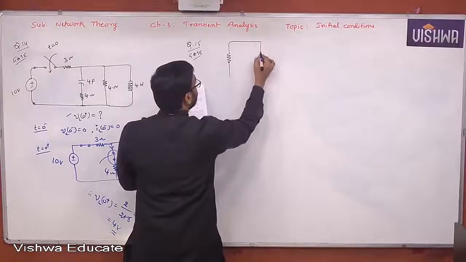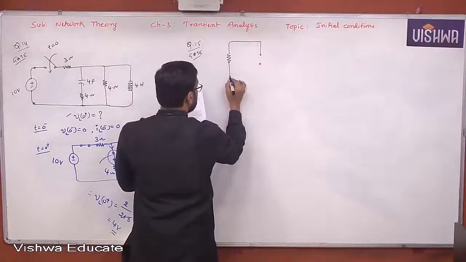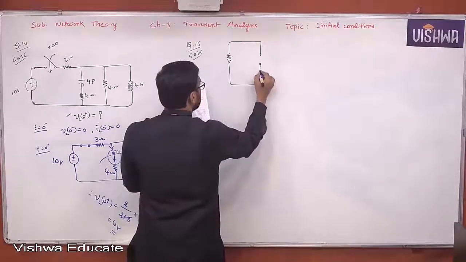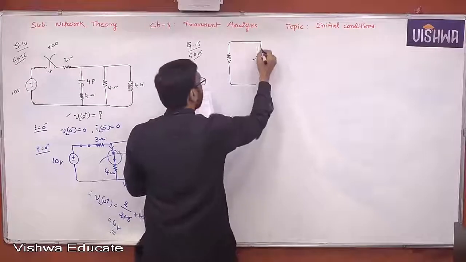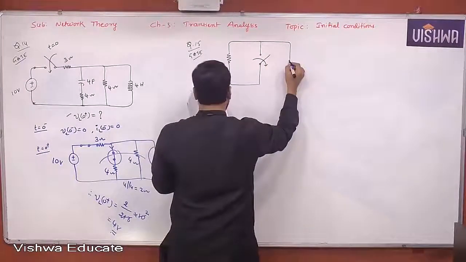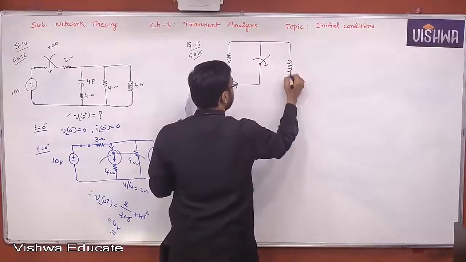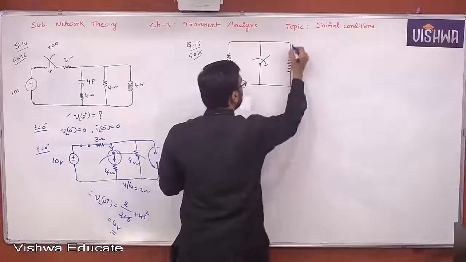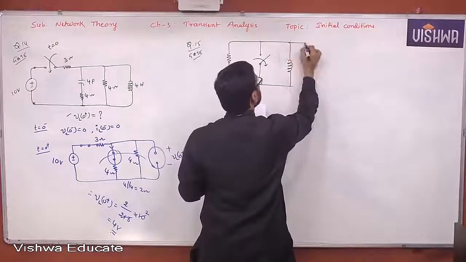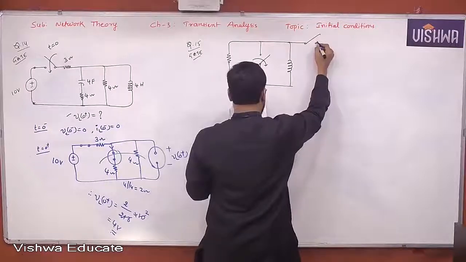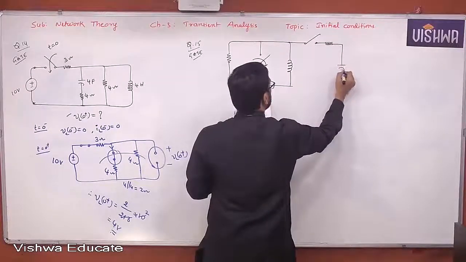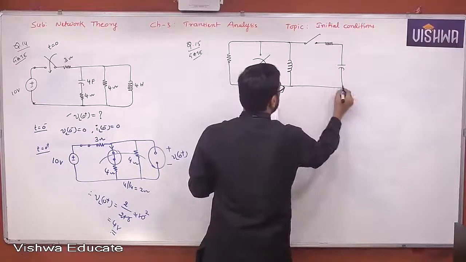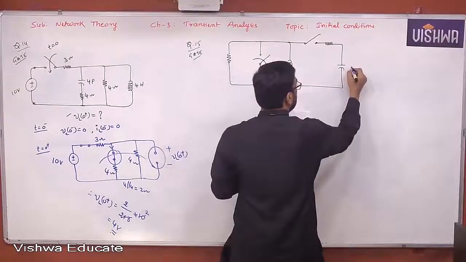This is a very, very interesting point to be observed. They are charged outside and kept inside the circuit. Therefore, they are called charged inductor, charged capacitor. This is 10 volts.